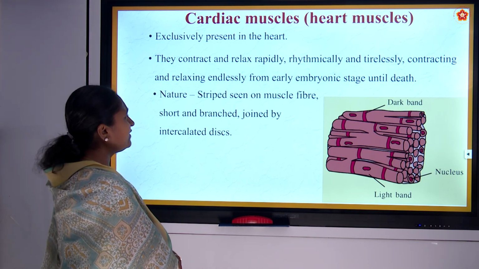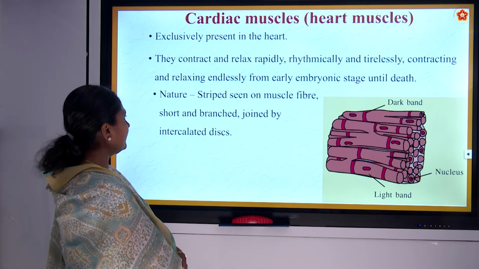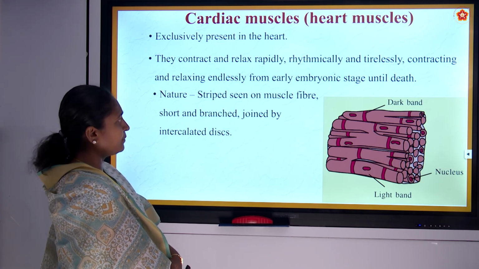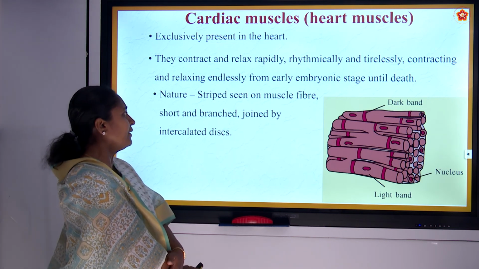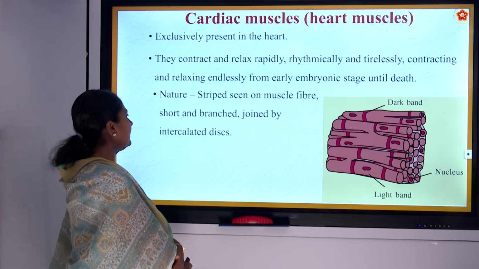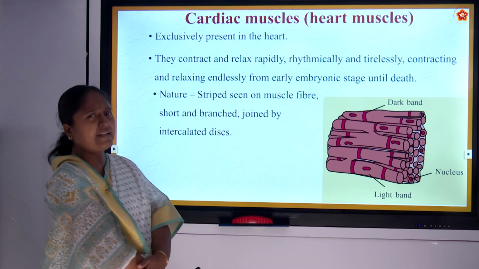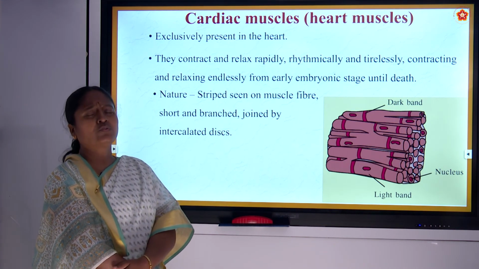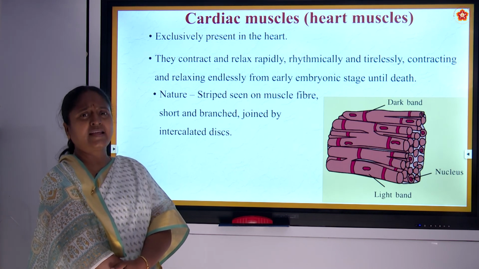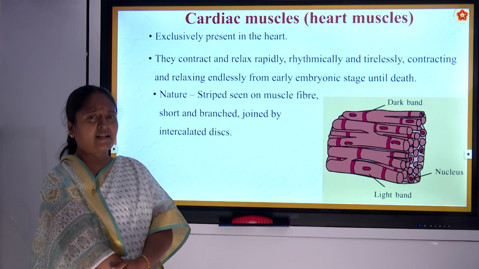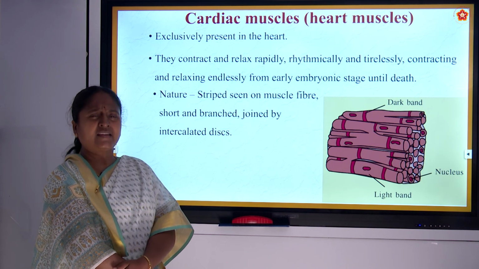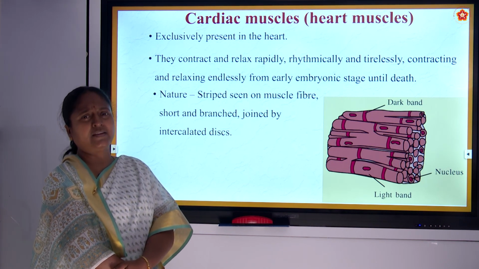And the nature is, it is having stripes, and they are having short branches. In between, we can see the intercalated disc, that is, between two different fibers when they are connected, like wire baskets and all, how they are making, they are having some kind of connections between them, right?